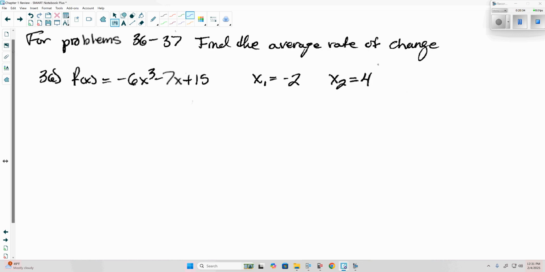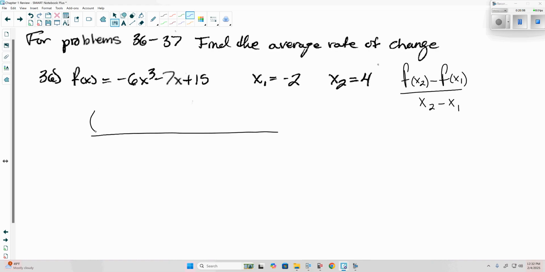For problem 36 through 37, find the average rate of change. So our average rate of change formula is f of x2 minus f of x1 over x2 minus x1. So f of x2, we're going to take this x2 value of 4 and plug it into our f of x. So we'd have negative 6 times 4 cubed minus 7 times 4 plus 15.